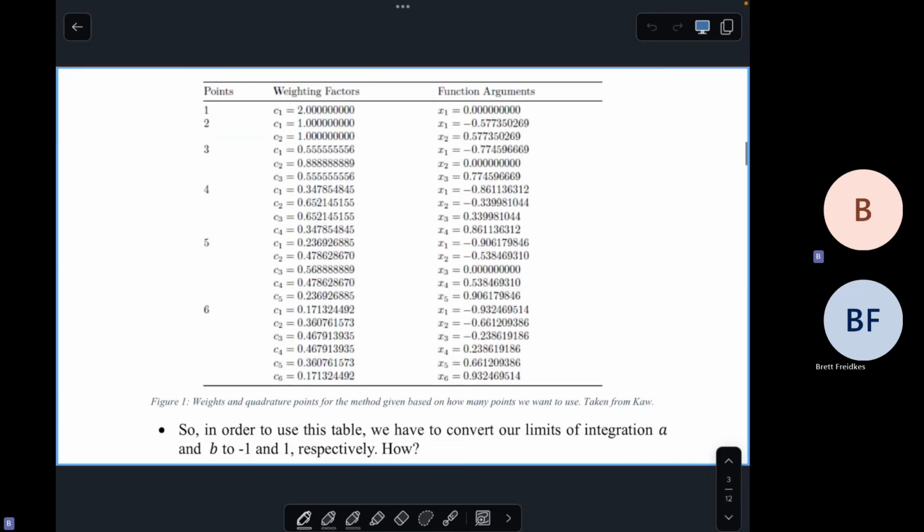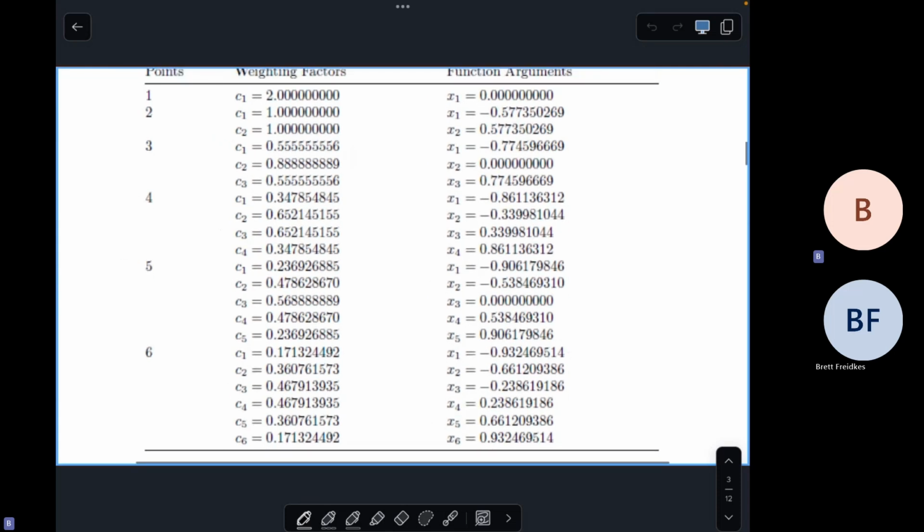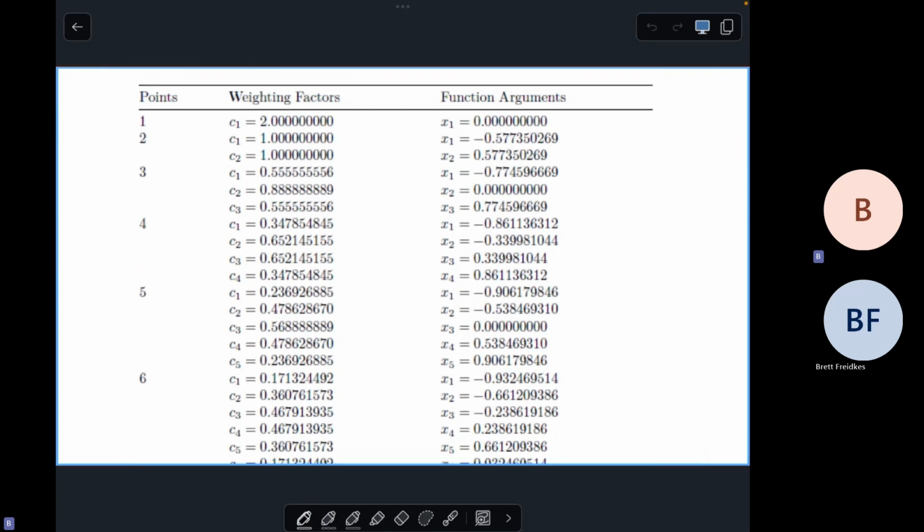If we come down, here's a table where we see, let's say we do two rectangles. This is the two rectangles.